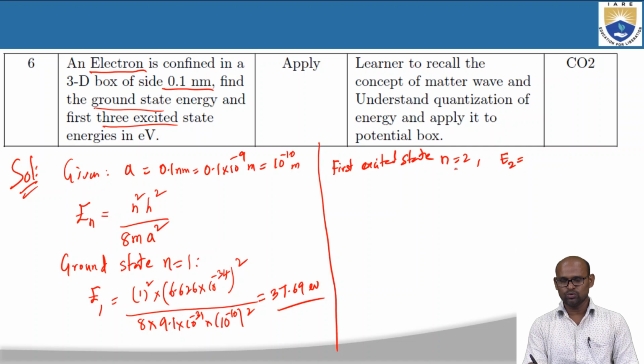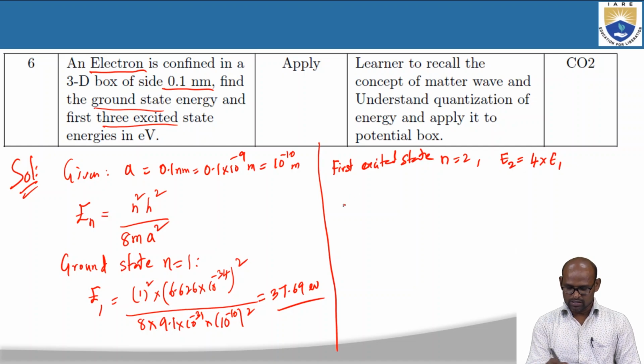So for n is equal to 2, that will be 4. So 4 into E1 will be the energy of the first excited state, 4 into 37.69. Okay. So the energy of the first excited state is 150.7 electron volts.